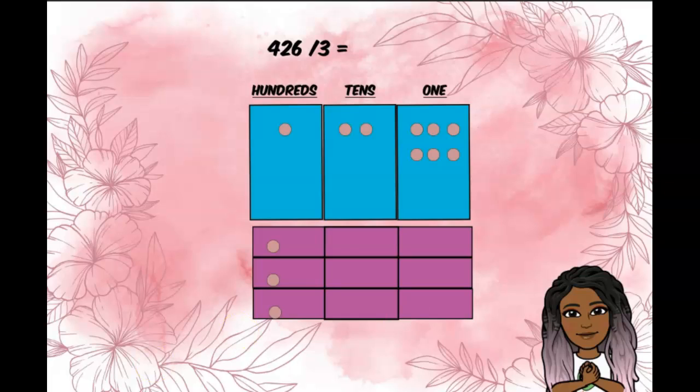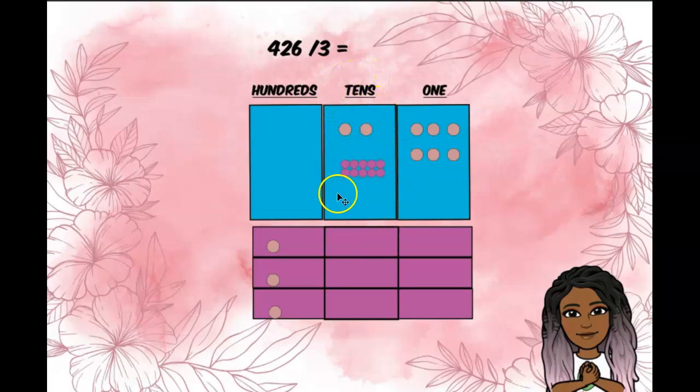All right, scholars, let me do this. I'm going to get rid of this 100, and I'm going to turn it into 10 tens. So now, scholars, I am now going to be breaking everything in my tens place.